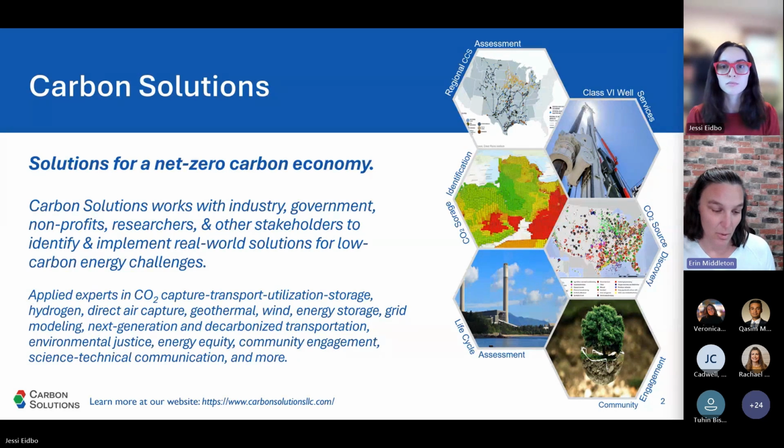We have planners, sociologists, economists, engineers, chemists, geographers, geologists, and what we try to do is have a small but mighty team that is able to look at many different project aspects in DAC or CCS or other net zero carbon solutions in order to, again, bring the research and best practices to real world applications.